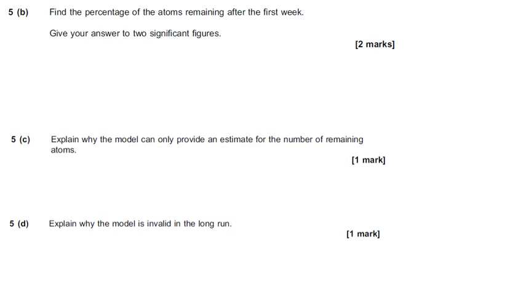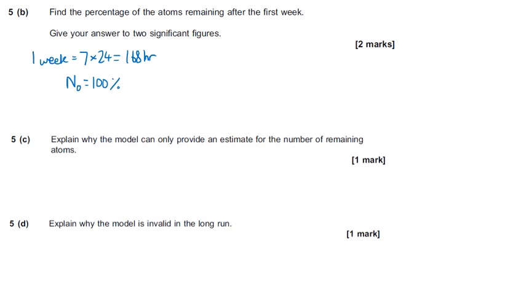Find the percentage of atoms remaining after the first week. Well, 1 week is 7 times 24, which is 168 hours. So t is equal to 168. We could just leave it in terms of n0, or we could say n0 is equal to 100%.